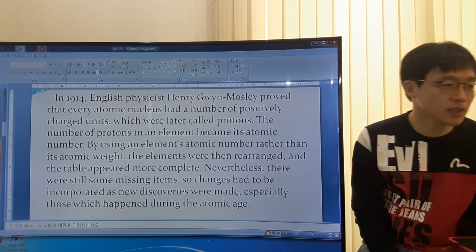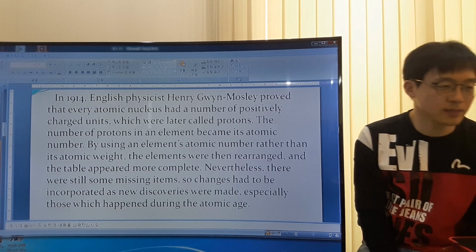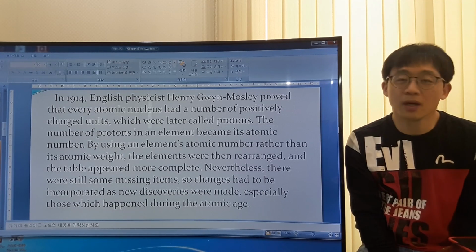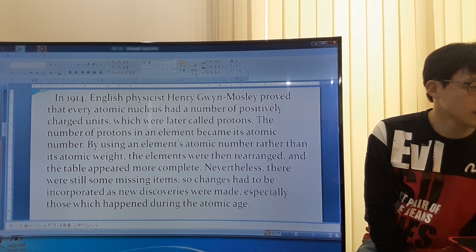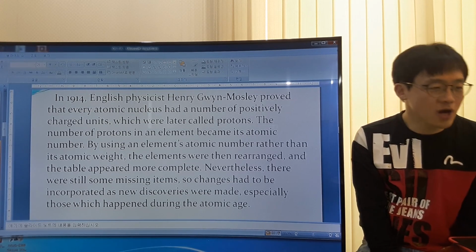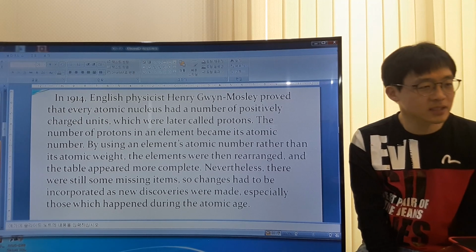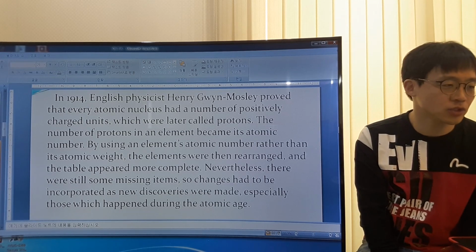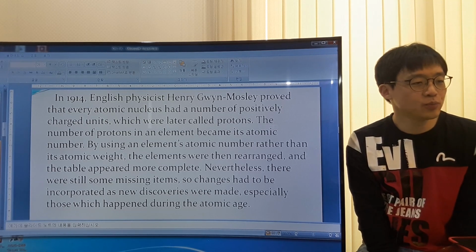That is a proton, right? The number of protons in an element became the atomic number, okay? So by using an element's atomic number, rather than its atomic weight, the elements were rearranged and the table looked more complete.